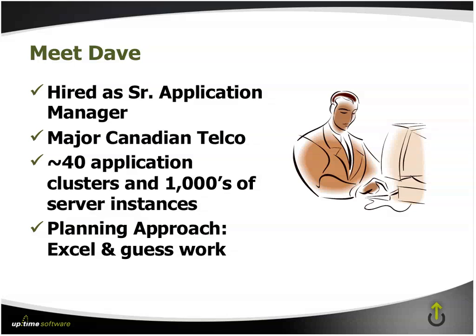Now, they do have some basic capacity processes in place where all the different application managers sit in a room once a week just to review each other's data and try to make decisions about capacity management based on that data. But unfortunately, there wasn't enough discipline in how the data was created and presented.